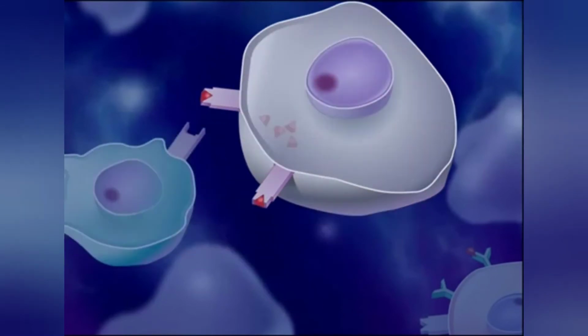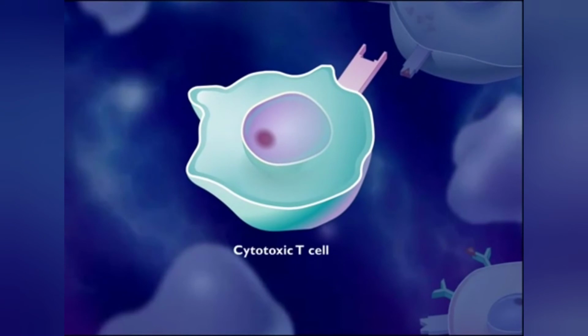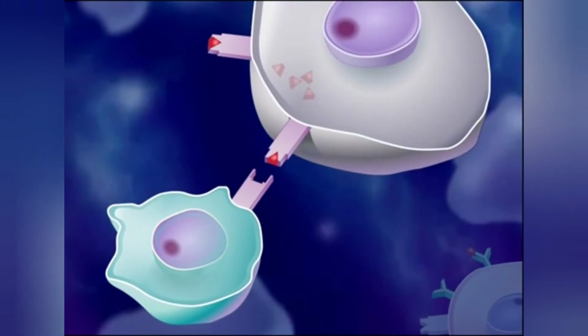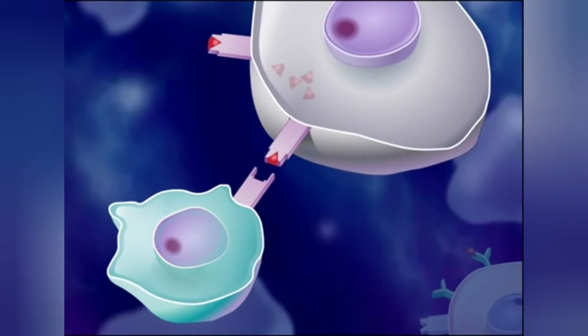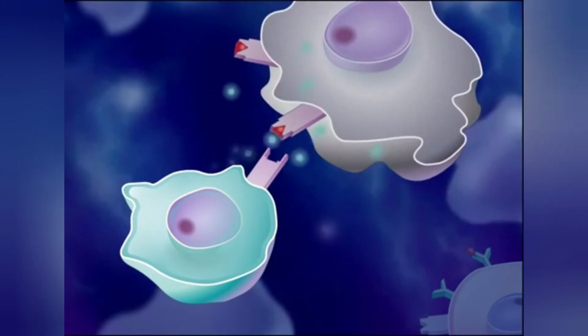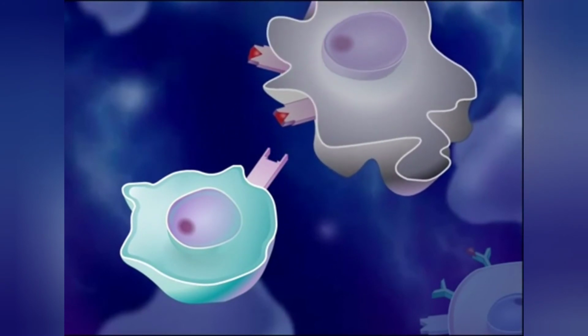Now the infected cell, which is representing the antigen, will be encountered by the cytotoxic T cell. When the cytotoxic T cell encounters the infected cell, it releases the chemicals which will cause the death of the infected cell.